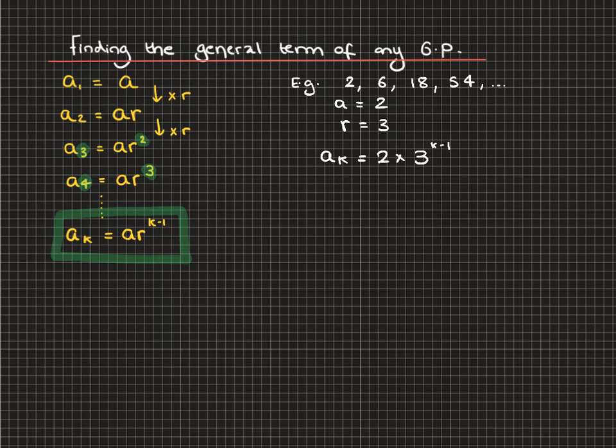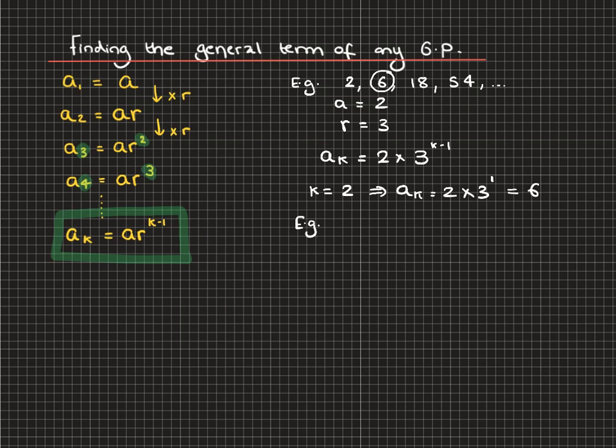Now, does it work? Well, let's have a look at substituting a value into this. If K is equal to 2, this gives us AK equals 2 multiplied by 3 to the power of 2 take away 1, which is 1, which gives us 6, which is indeed the second term. So we can see that the formula does check out with our little check here.